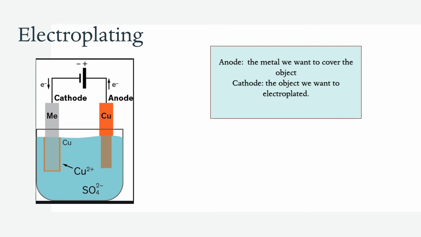Electroplating. Here we have the anode, the metal we want to cover the object with, which is copper, or Cu. So Cu will dissolve, changing into Cu2+, and the cathode is the object we want to electroplate.